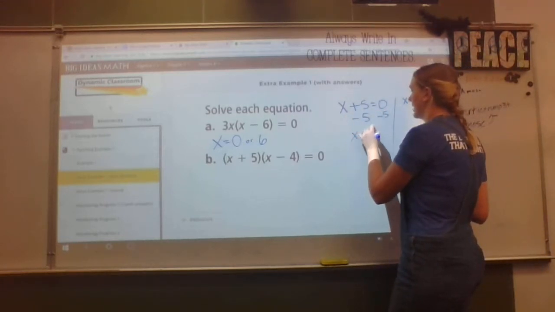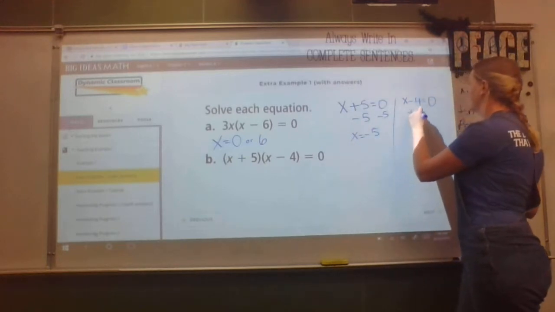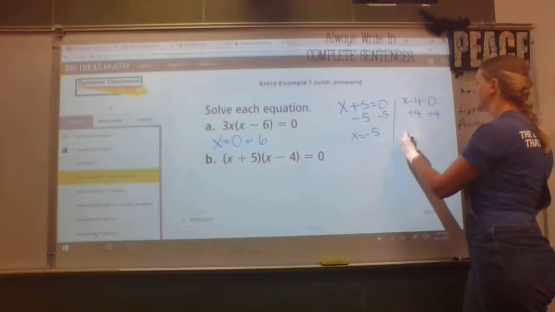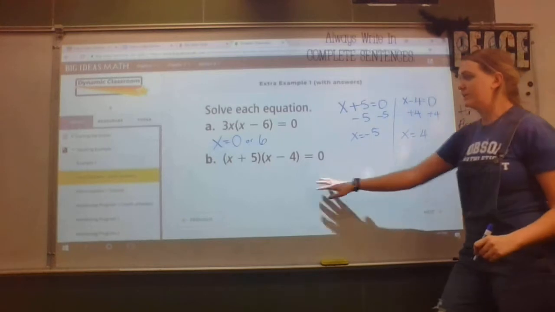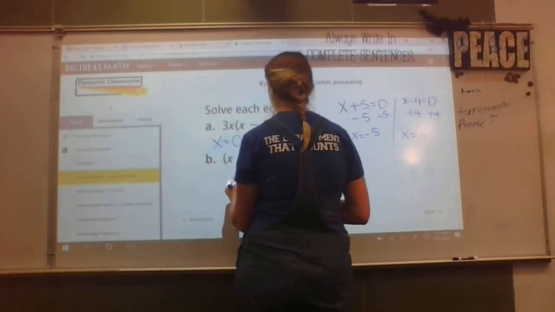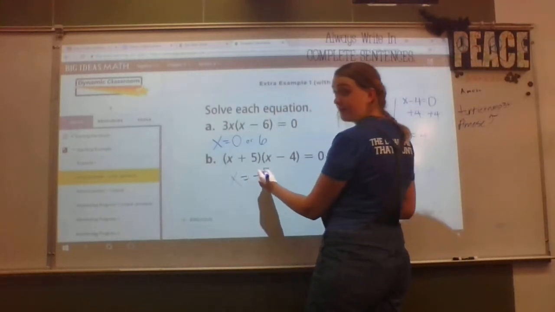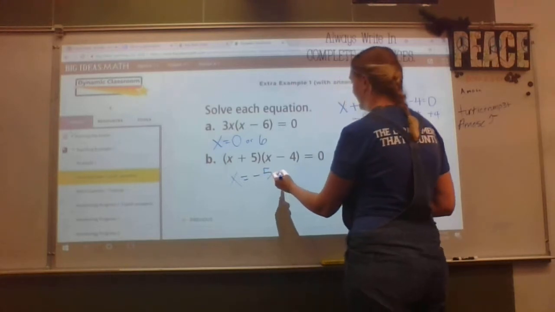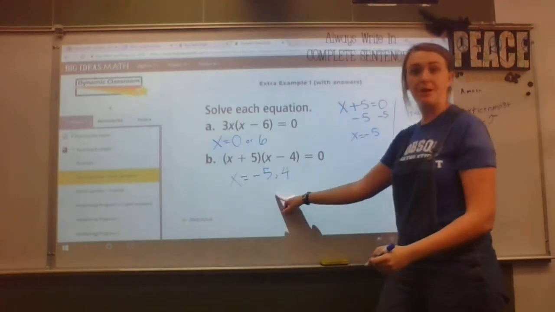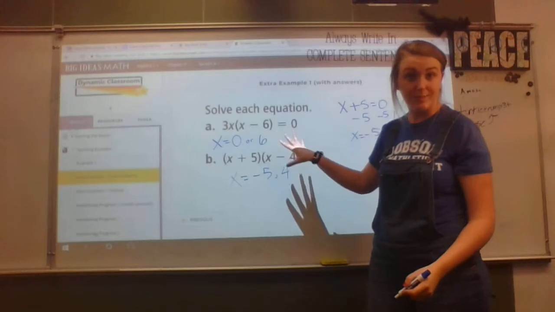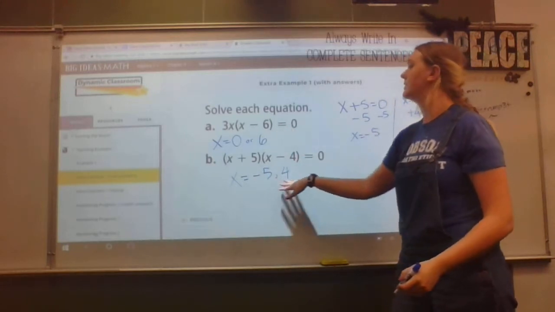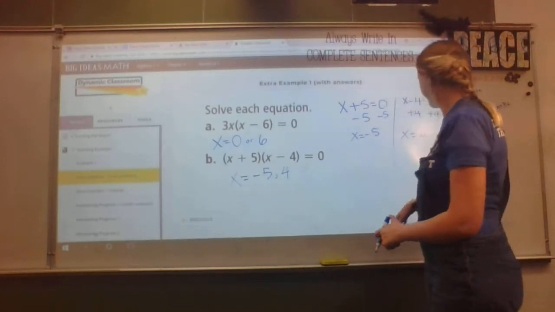X equals negative 5. X equals 4. So down here, I'm going to say x can be negative 5 or 4. See here, I put a comma, and here I put or. They mean the same thing. Okay, both of these would work.